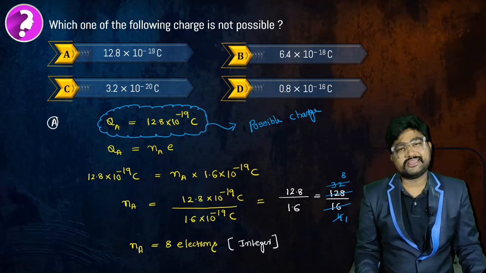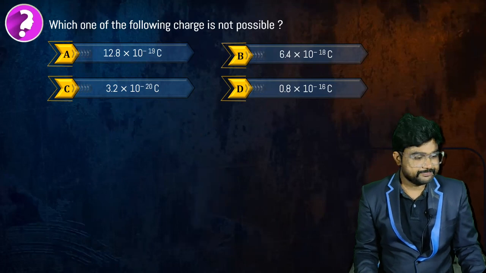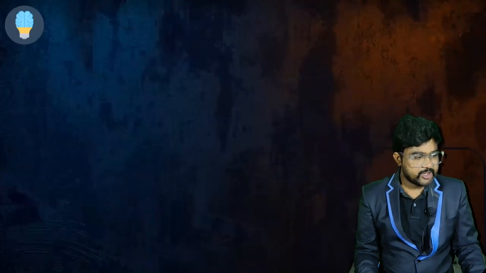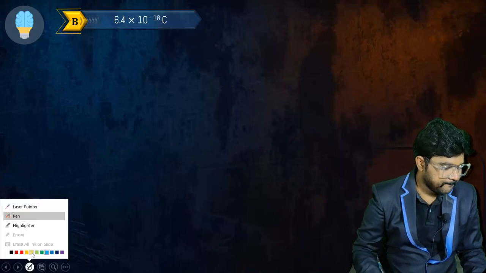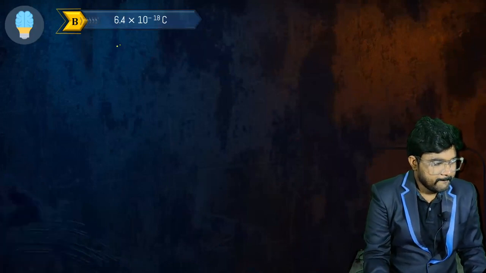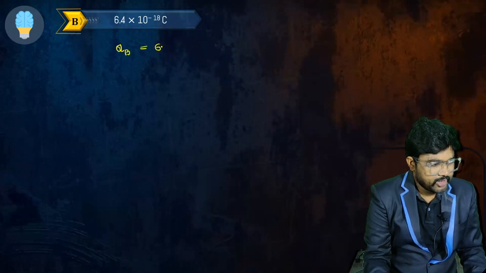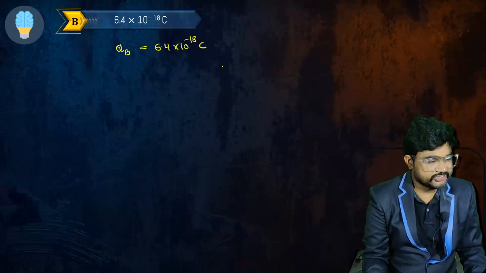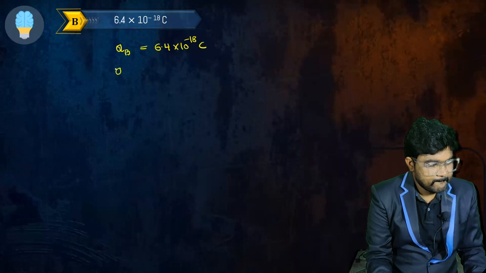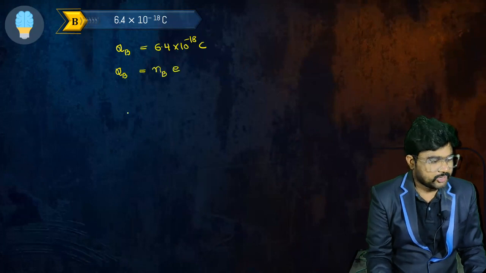Now we can check option B. Here Q_B is given: Q_B equals 6.4 into 10 to the power of minus 18 coulomb. We already know the relation: Q_B equals number of electrons times charge on the electron.